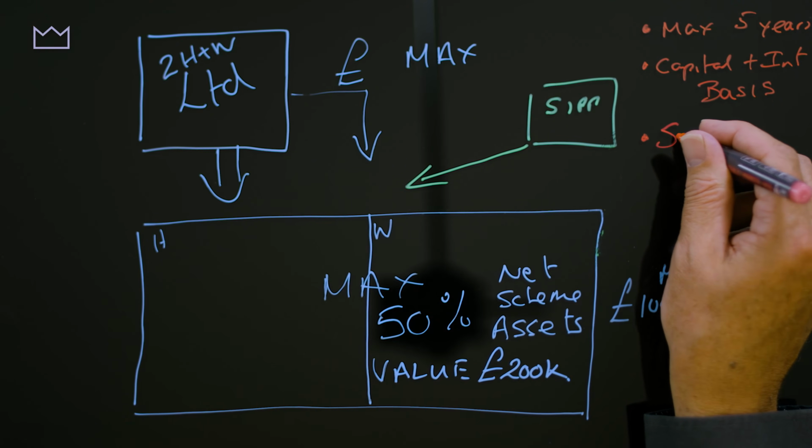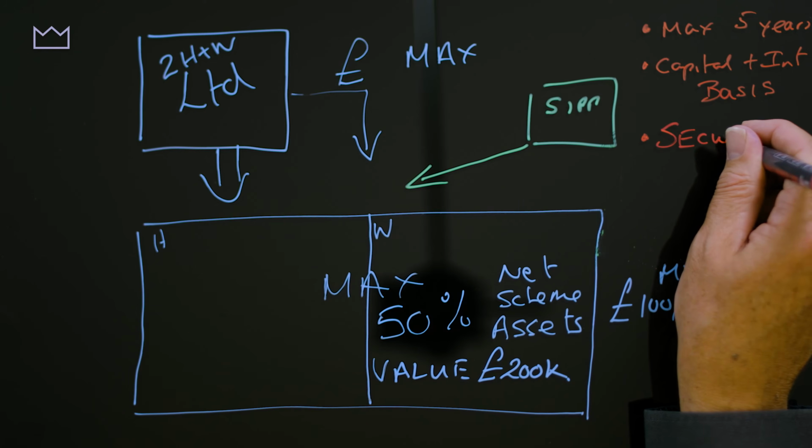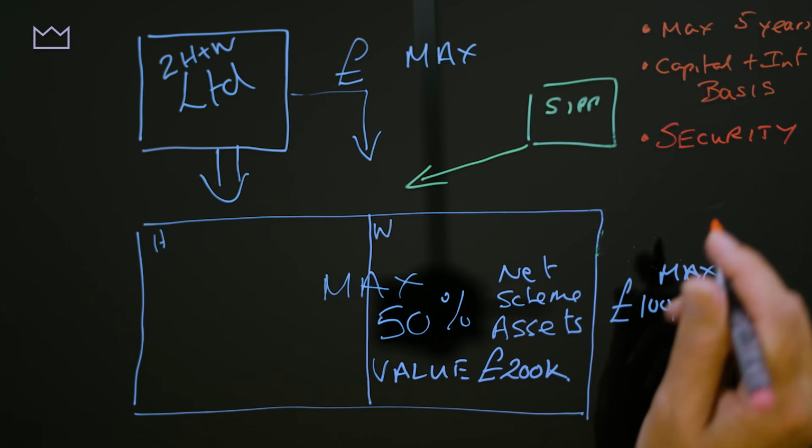The loan to the sponsoring employer must not be for cash flow or to bail the company out. It must be to help the company develop and grow. That is a fairly wide definition. It's difficult to be a little bit more specific than that, but that's broadly where they're looking. And you must have security for this loan.